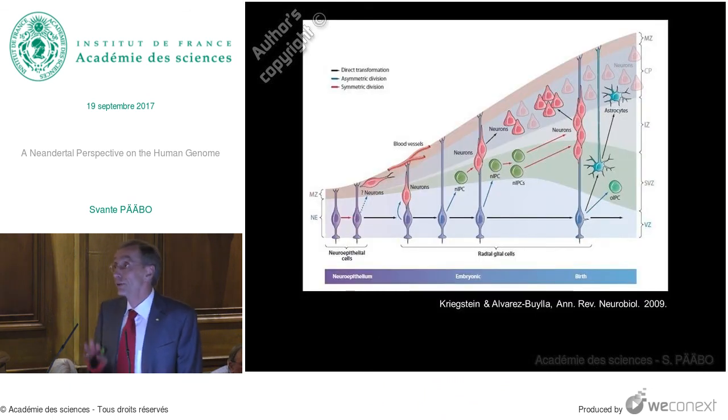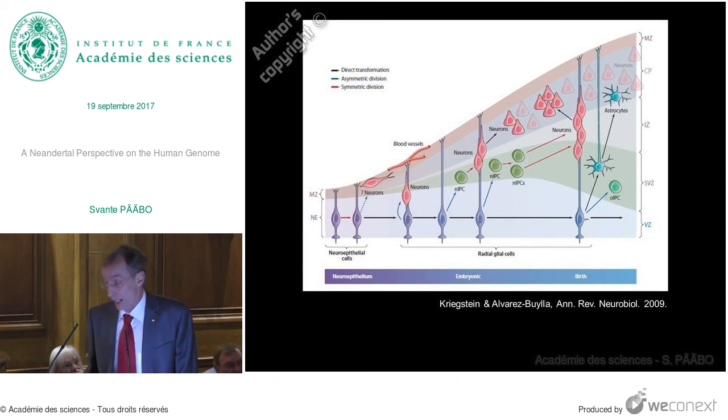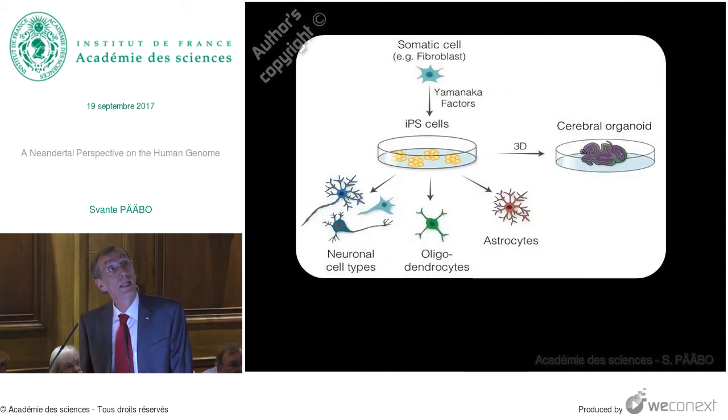So far we just speculated, saying this might be due to that when the stem cells divide, it's very important how they divide in terms of how many neurons are formed. But we can now begin to ask this directly with the help of stem cells and iPS cells that you can differentiate in vitro to cerebral organoids, these little models of developing brains.